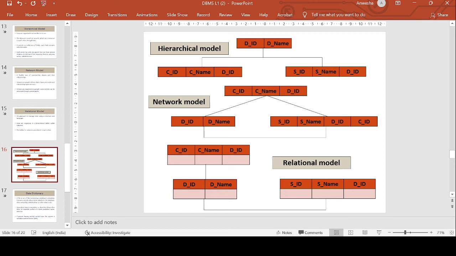Each row is referred to as a tuple, or you can say record also, because in each tuple you are maintaining the record of a student. So each row can be referred to as a record, but usually it is referred to as a tuple. And the columns represent the attributes.